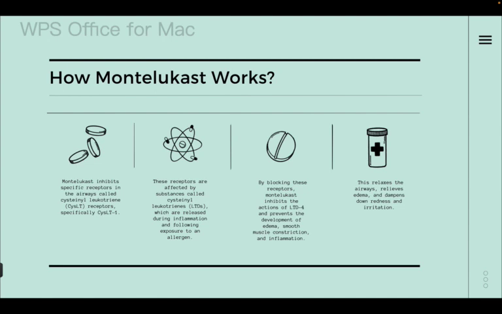By blocking these receptors, Montelukast inhibits the actions of LTD4 and prevents the development of edema, smooth muscle constriction, and inflammation. This relaxes the airway, relieves edema, and dampens down redness and irritation.